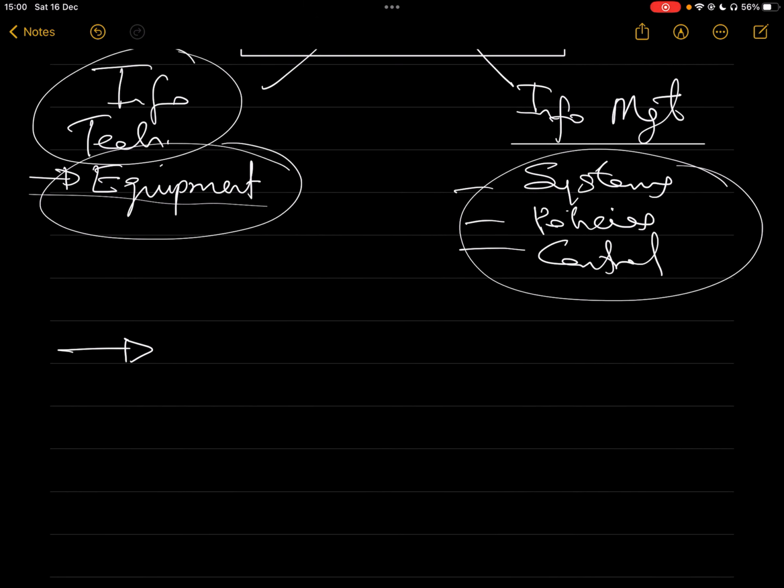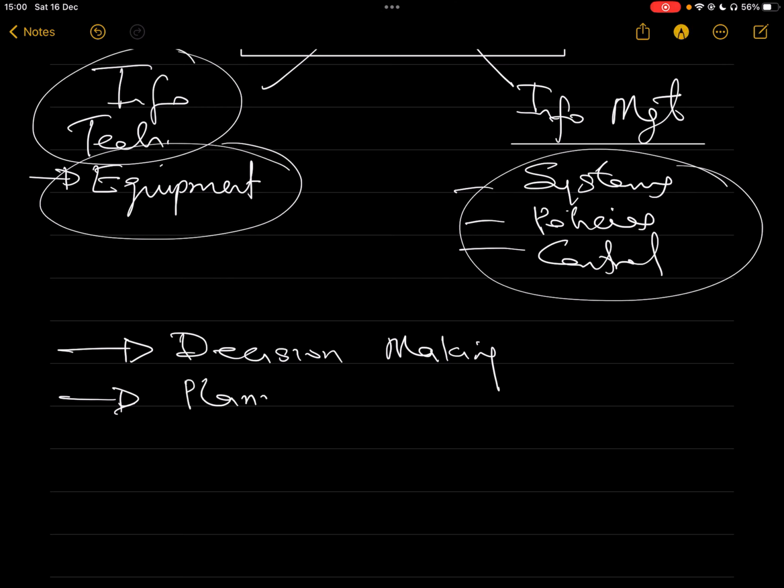So, which means you need information in decision making. Remember, that is the planning for the future. You need it in planning and forecasting. If you want to forecast, you need information, right? And even if you want to assess where you are now, you need information.